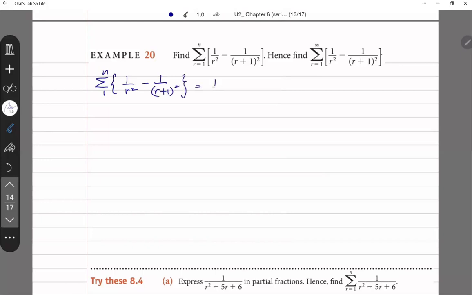This is equal to 1 over 1 squared minus 1 over 2 squared. First term. Second term. Next term. Third term. The n minus 1 term. And lastly, the nth term.